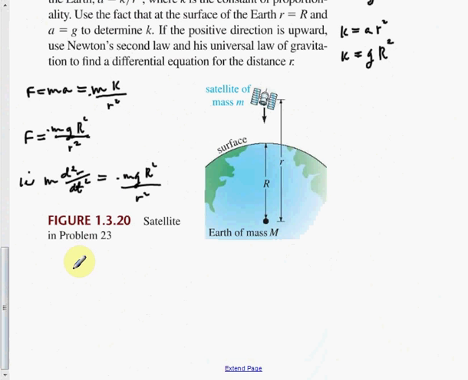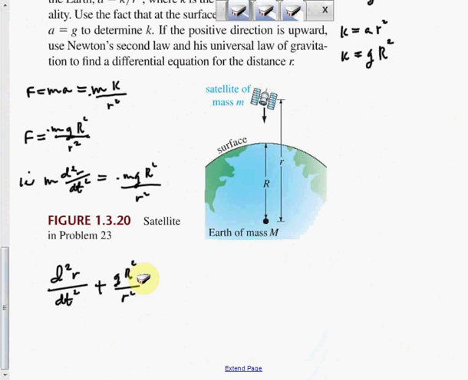And that gives us the second derivative of r with respect to t, d squared r over dt squared, plus, divide through by m, this is plus g R squared over little r squared. That's equal to 0.